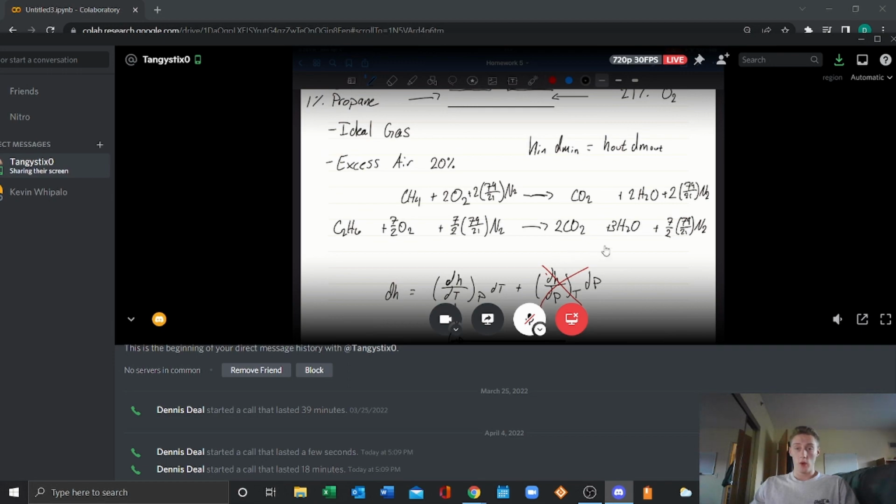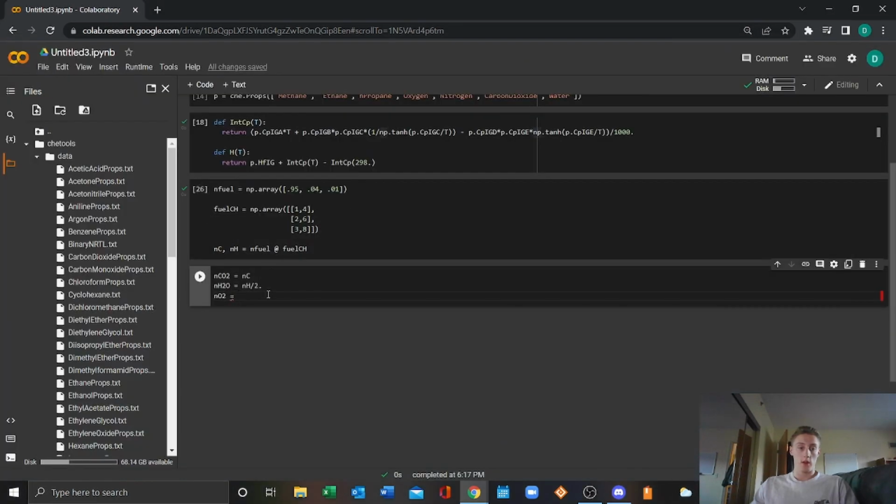Then we have 2 plus 3 divided by 2 is 1 and a half, so that's 3 and a half. 7 divided by 2 is 3 and a half. So that equals NCO2 plus NH2O divided by 2.